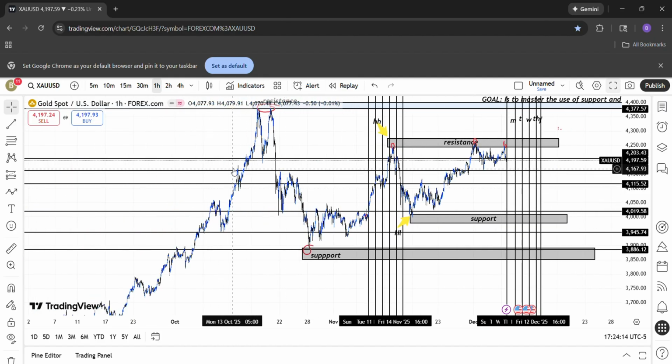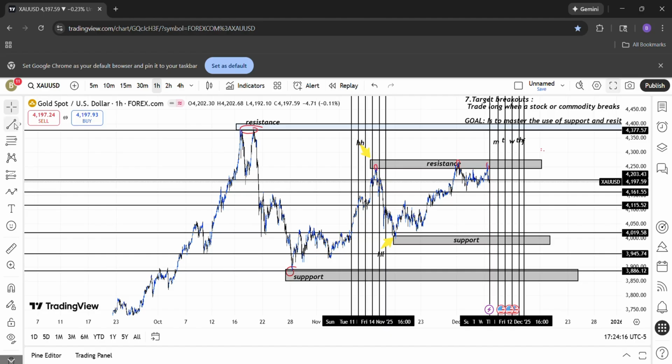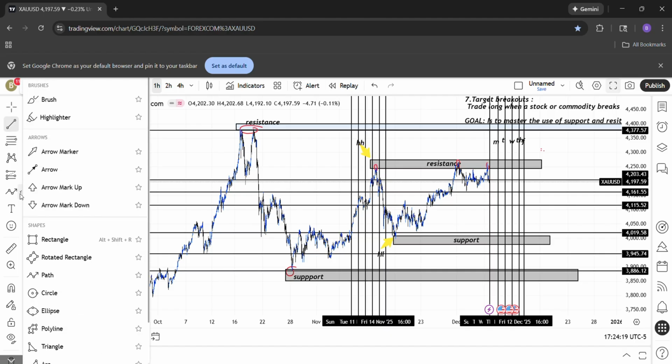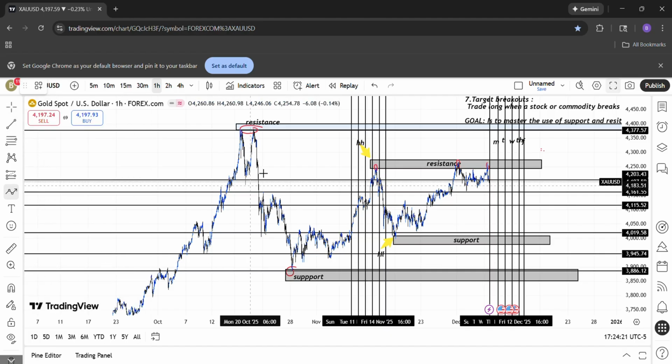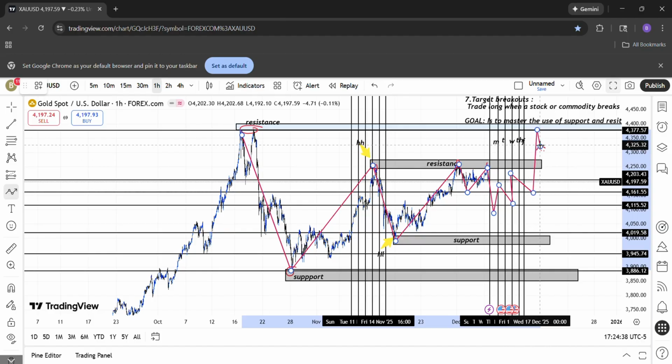Because if you can see the overall picture, we're bullish as hell. Don't get me wrong, we're bullish as hell. We came down here, boom, boom, boom, boom. Now it's looking to me like it's going to do something like this. Boom, boom, boom, boom, and then shoot up.